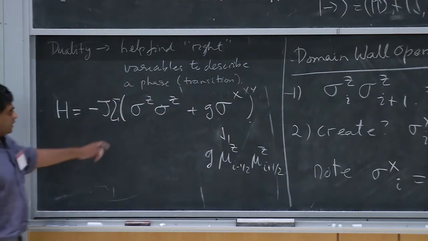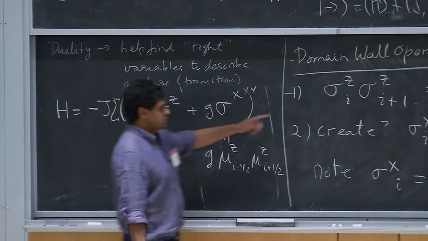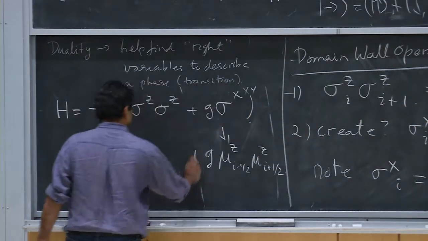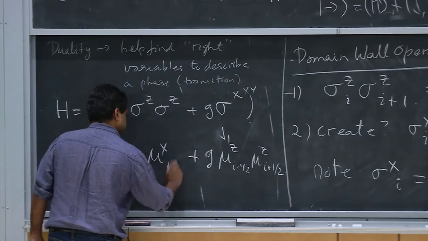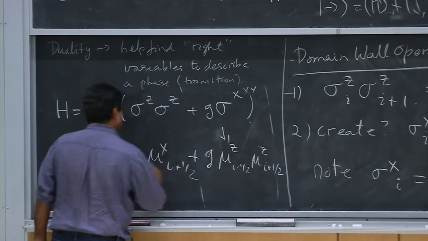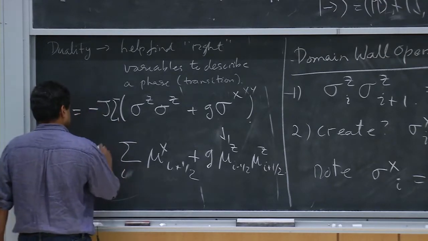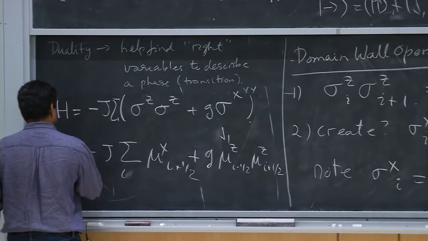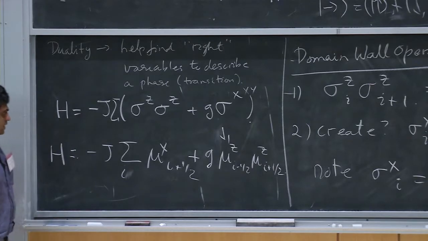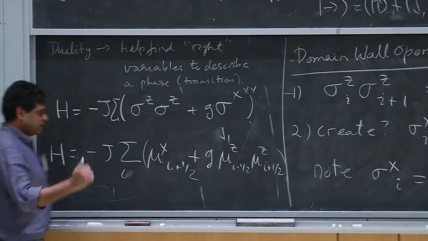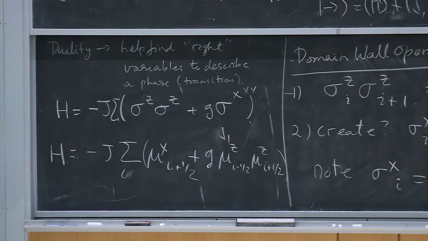And the product of sigma z is just the domain wall measuring operator, mu x. I'm not being very careful with boundaries, and there are some subtleties with respect to the boundary conditions related to the fact that I need one spin to tell me the overall spin configuration. Let me ignore that for a second.